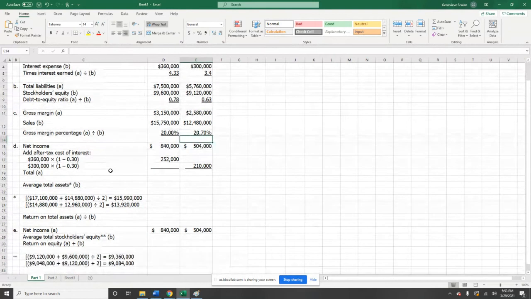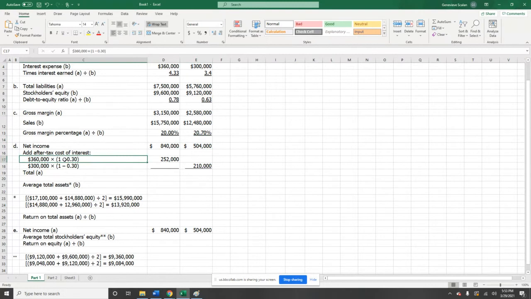This formula is going to calculate your net income, and you add back in the total cost of interest, after tax. So you have to have your tax rate, which is 30%.